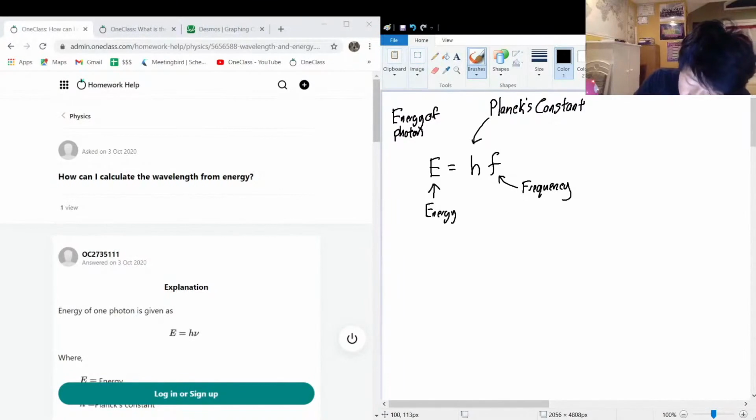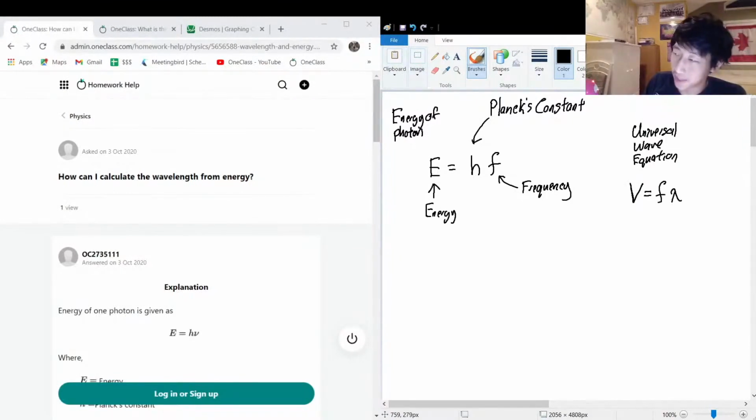And we know that with the universal wave equation, the velocity of the wave is equal to F times lambda. You can see why we don't necessarily want to use that V looking thing for frequency because of this equation, and it would be quite confusing to have two V shaped things.